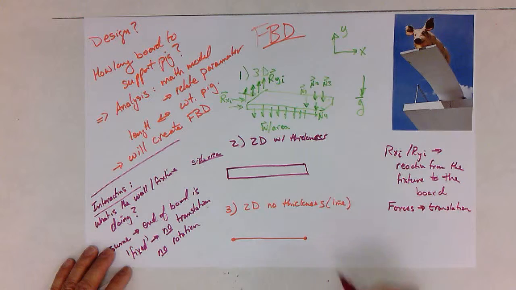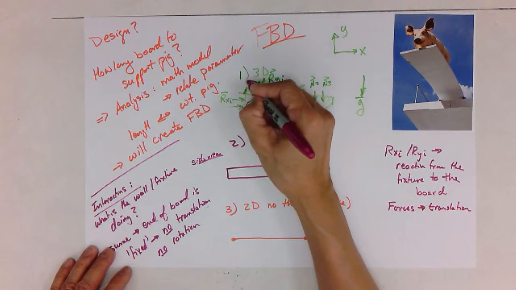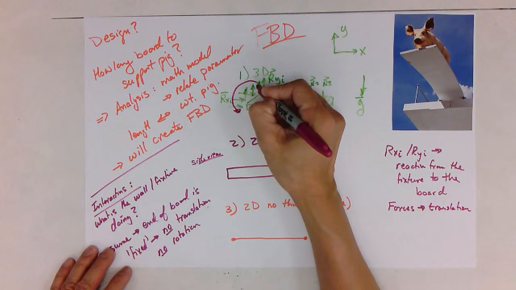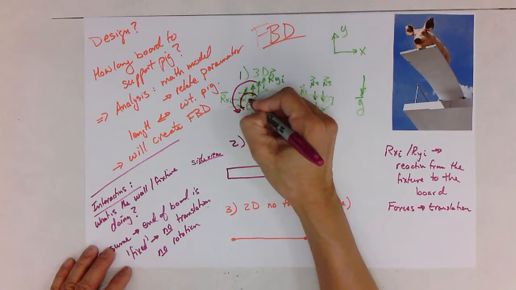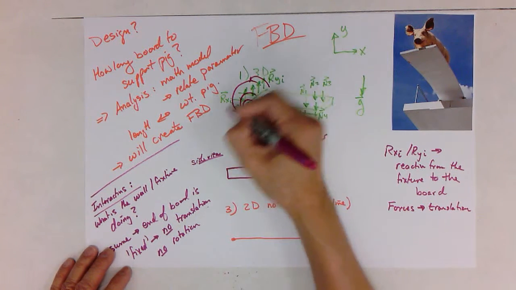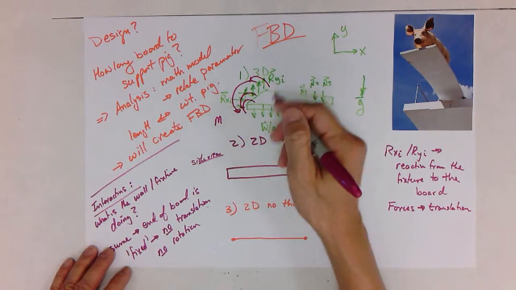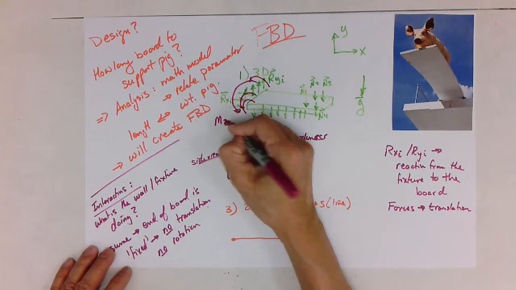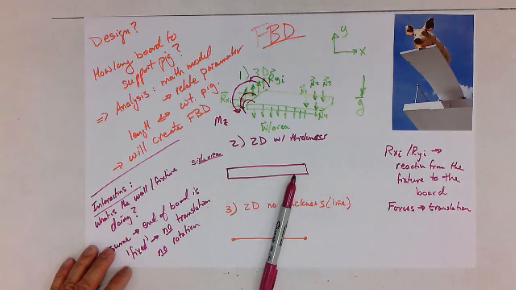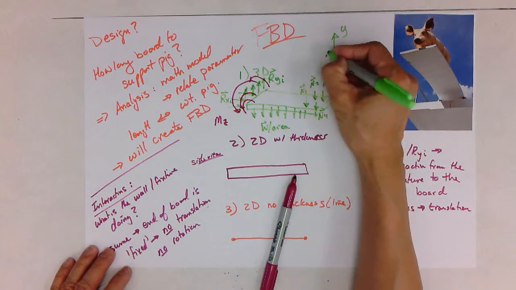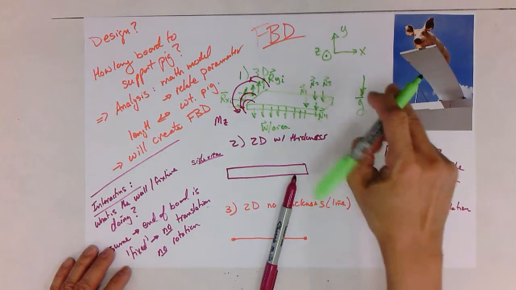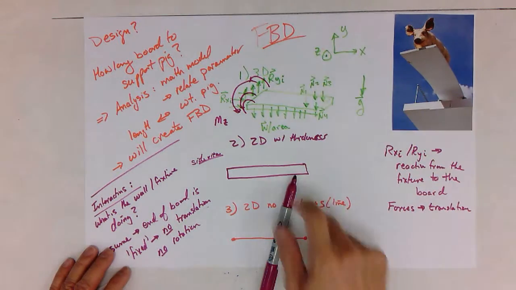And then moments, and I'll put a moment here, and we can have a distributed moment. It's getting a little messy here, but we'll call this M_z. Z is coming out of the page. So we have X, Y, and a three-axis system at Z, where Z is pointing out of the page.